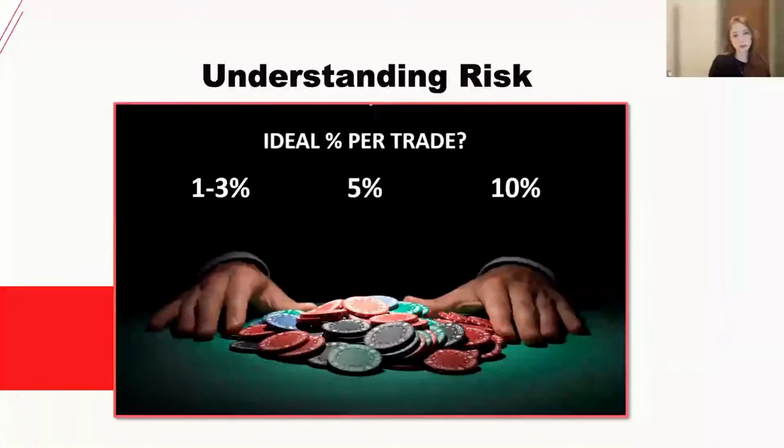We are looking at 1 to 3%, 5%, and 10%. What is your ideal risk appetite? I have most common answers at 1 to 3%. I think 1 to 3% should be relatively safe, but what is the ideal one that we are looking at?